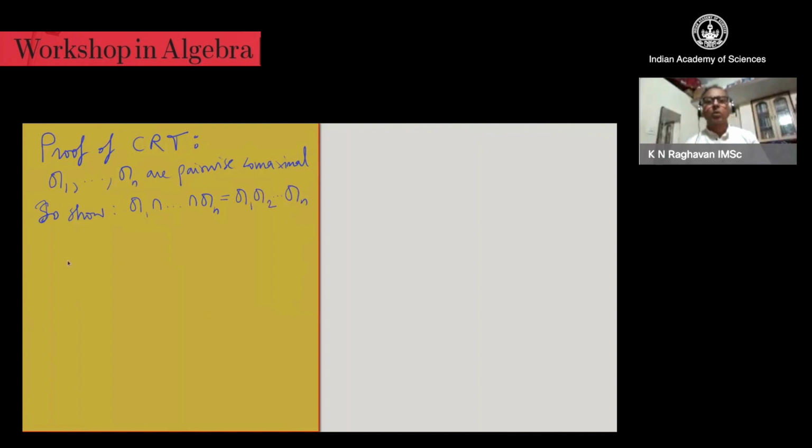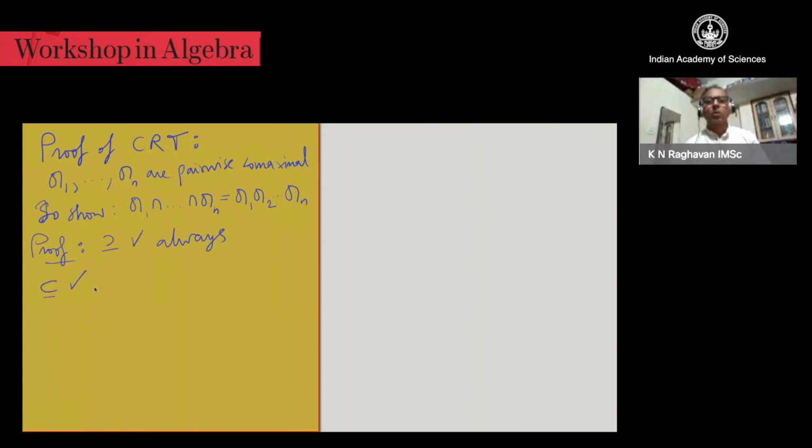Okay, I want to show this, so let's do the proof. One proof could go this way. This containment is always true, with no condition; you don't need pairwise comaximality, nothing. It is just true for any ideals. So the content is actually here.